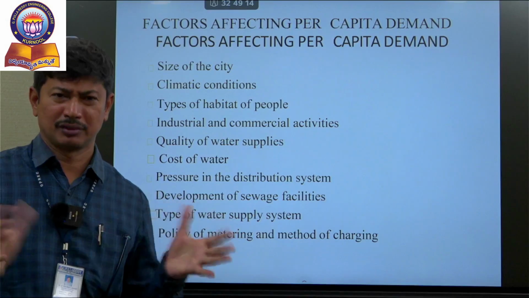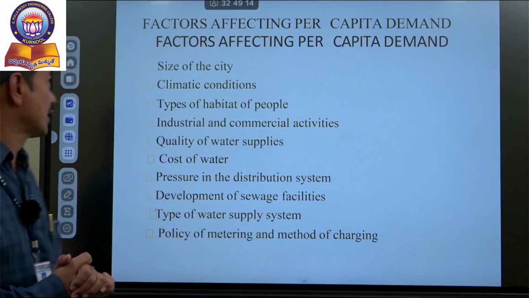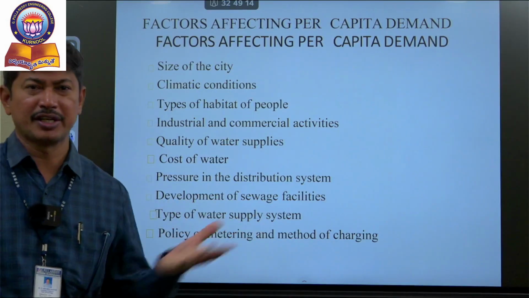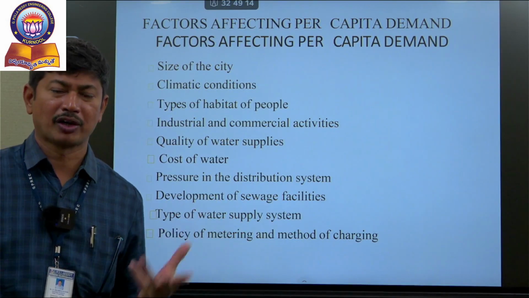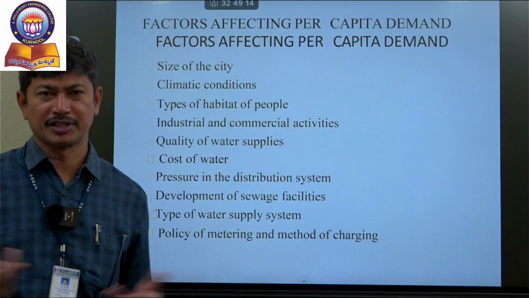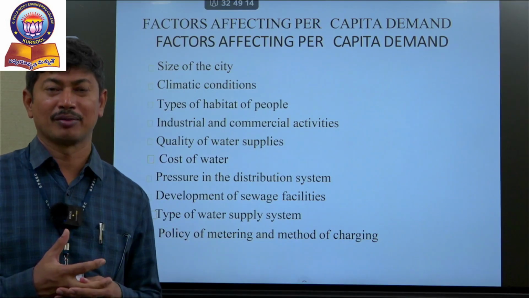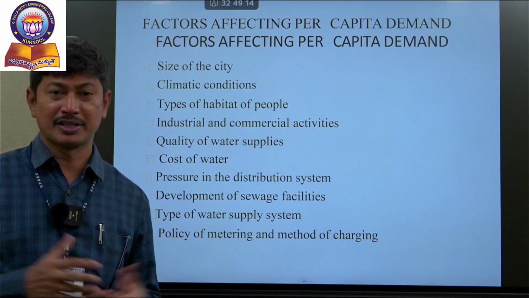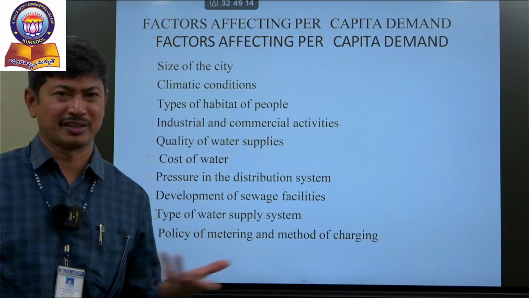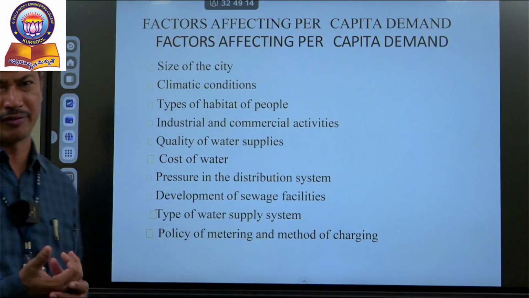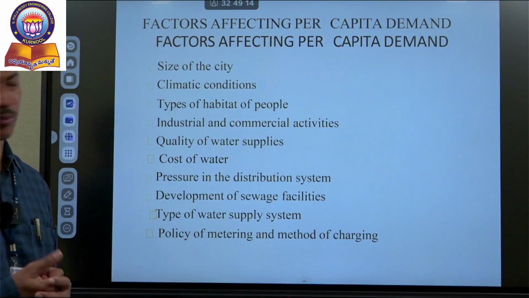How does it vary? One is size of city. A big city needs more per capita demand than small cities, because in big cities you have to maintain more parks, more public fountains and public toilets, like that. So compulsorily more water is required when compared to small cities.